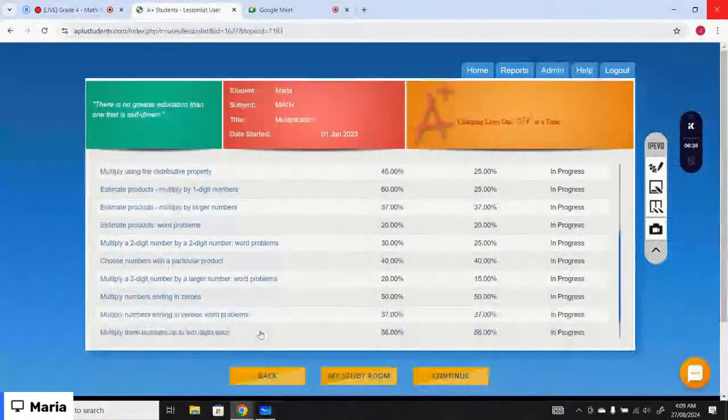Okay, so here I am on grade 4 math. The chapter we are on right now is multiplication.